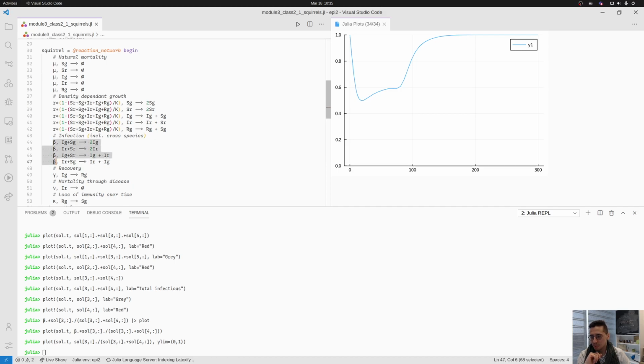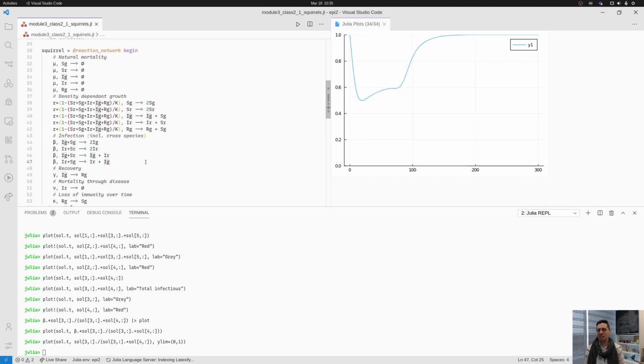Assumption number one that we have made is equal rates of cross-species transmission. So let's say, for example, it doesn't matter which two individuals come into contact, right? If it's gray and red, or red and red, it's going to be the same rate of infection.